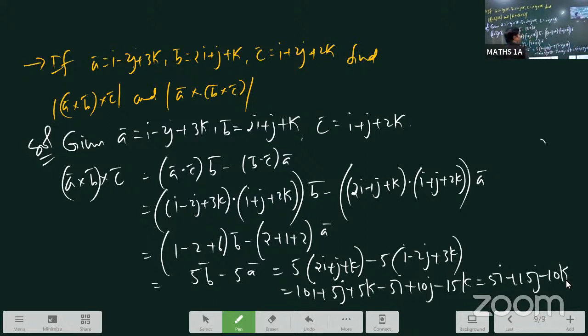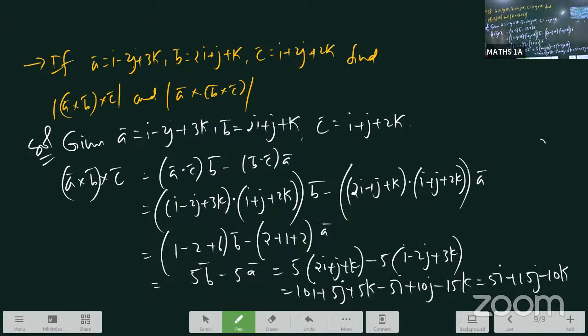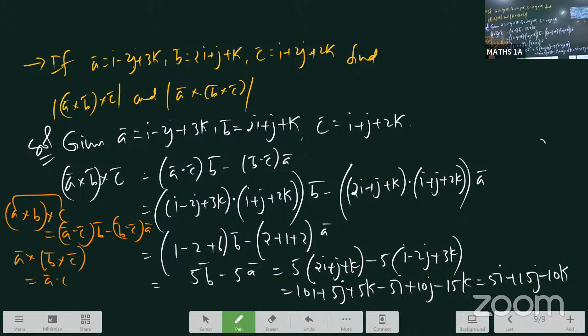Just now I gave the definition of vector triple product. Is it clear? In vector triple product, see here. A cross (B cross C) you are going to write as (A dot C) into B minus (B dot C) into A. Suppose I am having A bar cross (B bar cross C bar), that is (A dot C) into B. Always extremes.